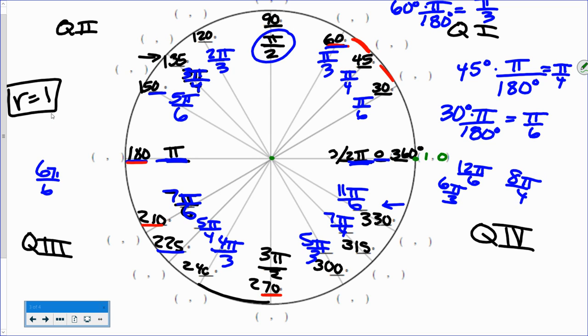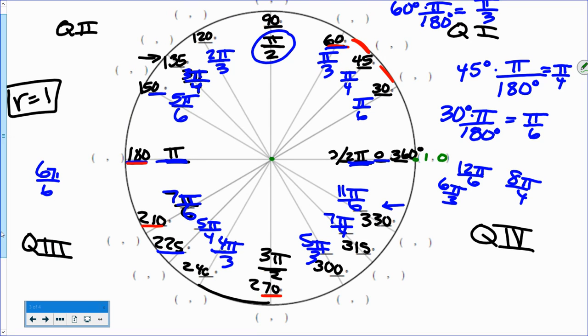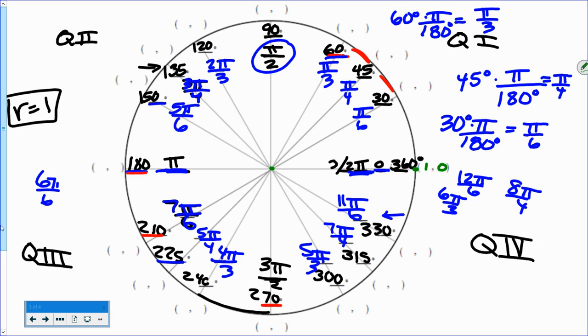Same way, the point right here would be 0, 1, because that length from the center to the edge of the circle is 1 since the radius is 1. If I have a point right here, that would be -1, 0. My point down at 270 degrees would be 0, -1.